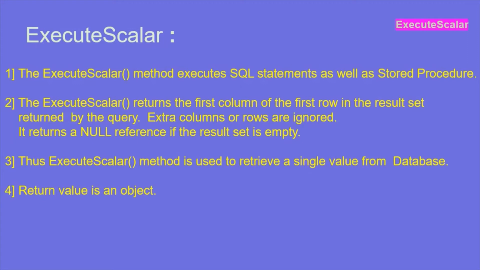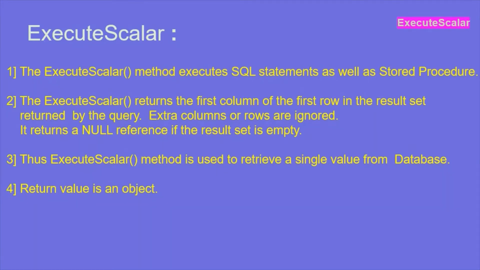ExecuteReader method returns SqlDataReader object which reads all the records, that is rows and columns, in the result set of query or select query. But in ExecuteScalar method, return value can be of any data type. So, return value is an object which represents the value of the first column of the first row.